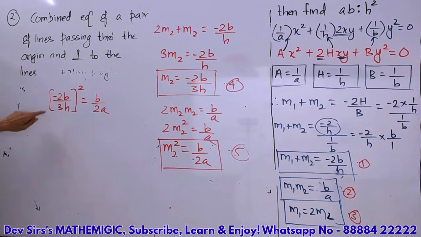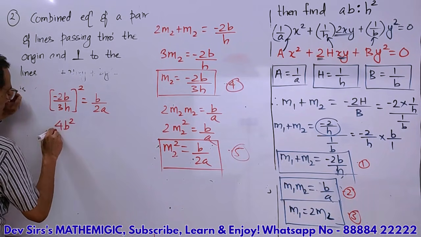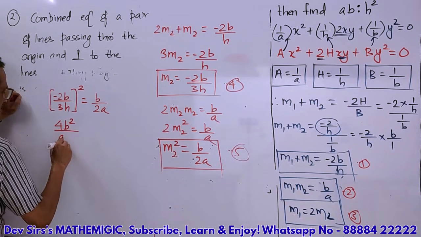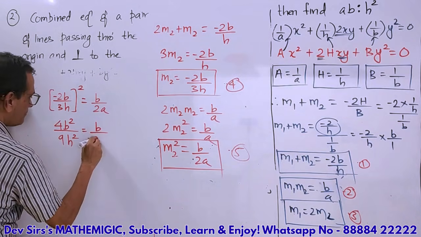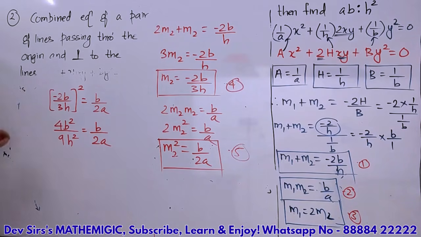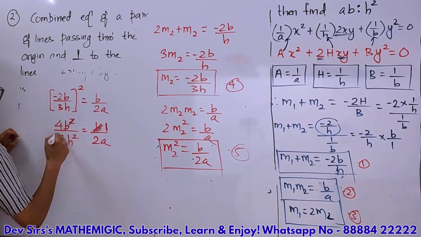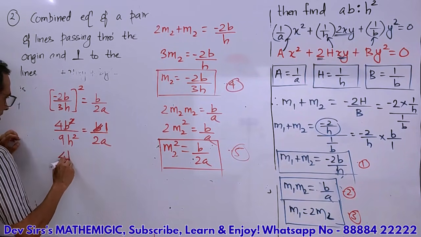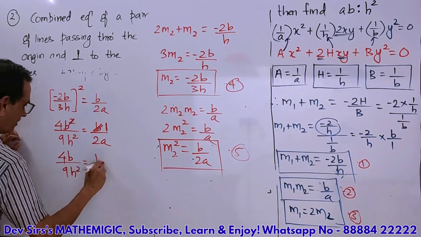Let us simplify this. Minus 2 squared is 4, 3 squared is 9, h squared. Now if you take b over here, one b cancels and 1b remains. So 4b upon 9h squared equals 1 upon 2a.